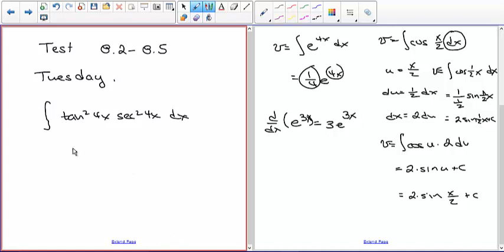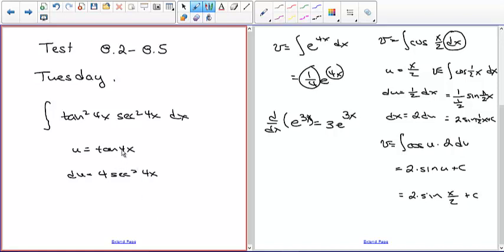In this case, you would let u, and I've already separated the part that's going to be du. This part's du. So u is equal to the tangent of 4x, so this part is u squared. And then if I take du, what I'll get is 4 times the secant squared of 4x.